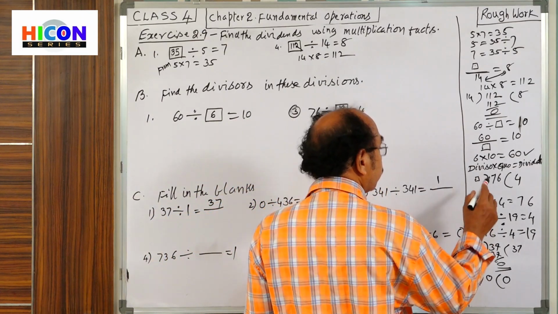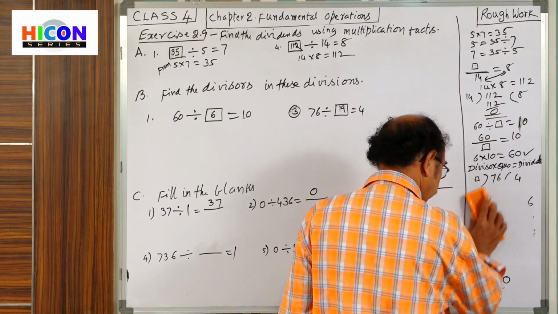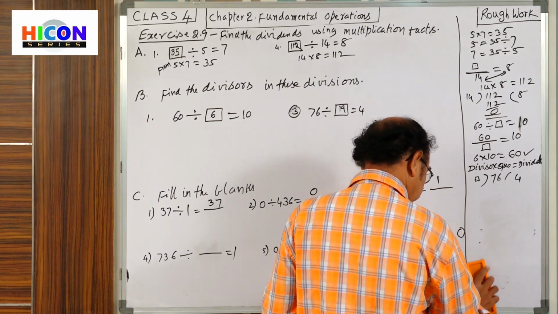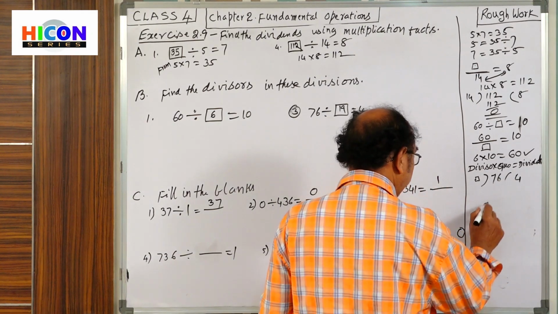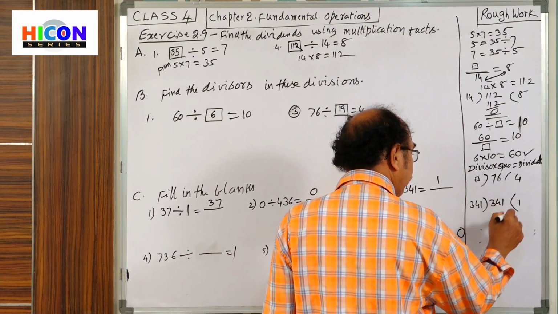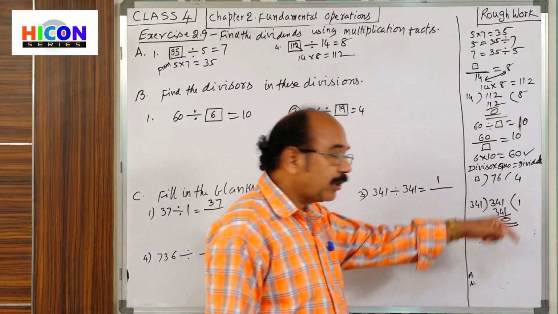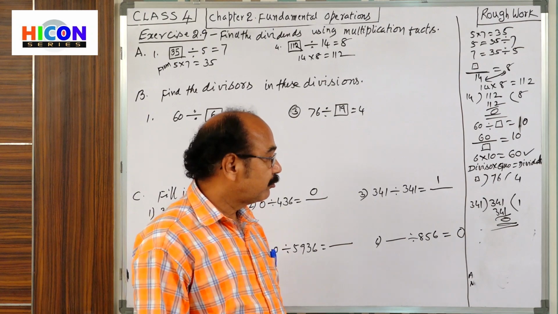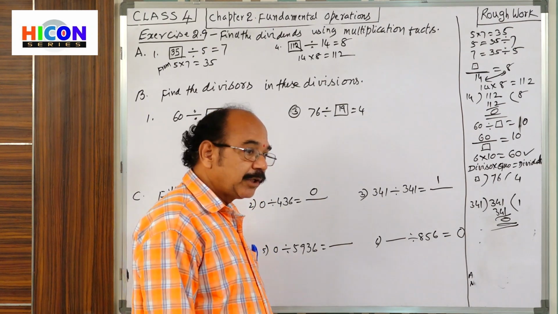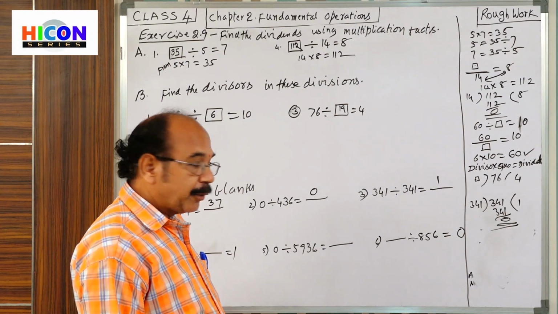Because here, 341 ones are 341. 341 ones are 341, one time. That's why if any number is divided by itself, the quotient is 1.